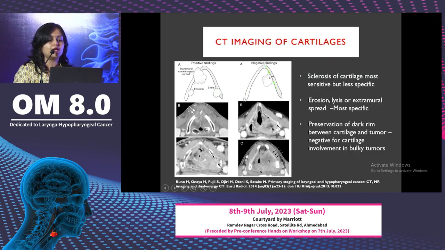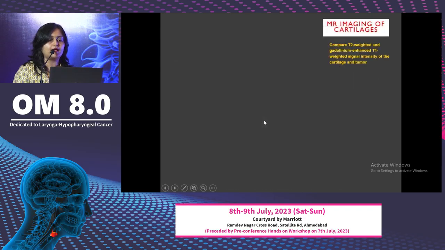And if there is a lot of bulky disease involving the larynx or hypopharynx, but you can see a very thin preserved hypointense line here, that means although the tumor is bulky, the cartilage is preserved. In such cases, MRI helps to evaluate whether there is invasion of the cartilage or not.